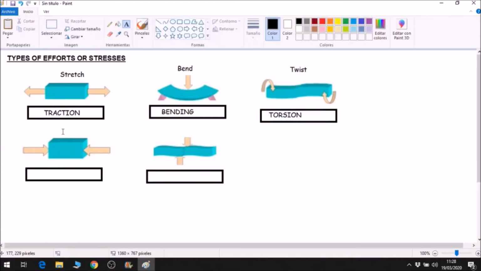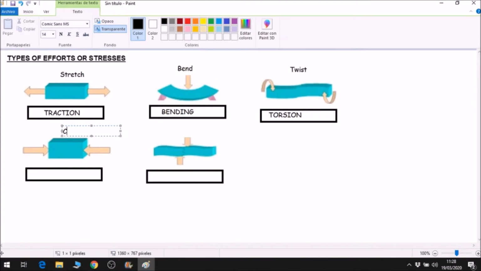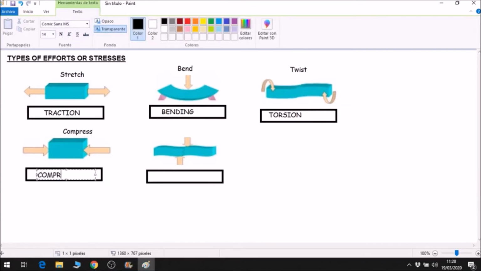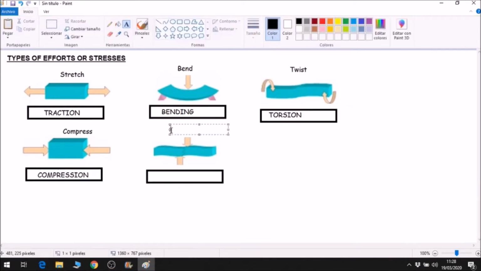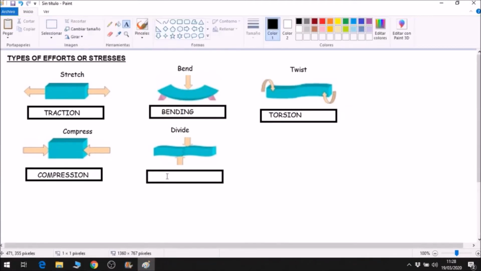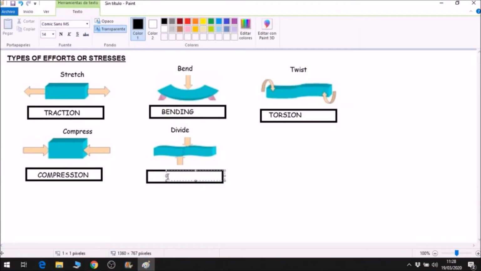Next one. Forces are trying to compress the object, make it smaller. So we are talking about a compression stress. And in the last one, forces are trying to divide the object. So we are talking about a shearing or cutting stress.